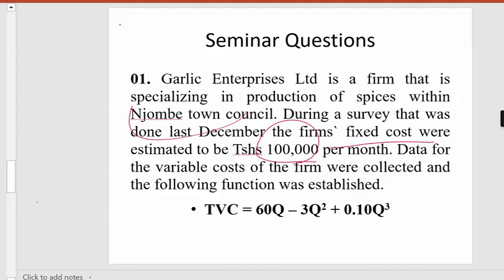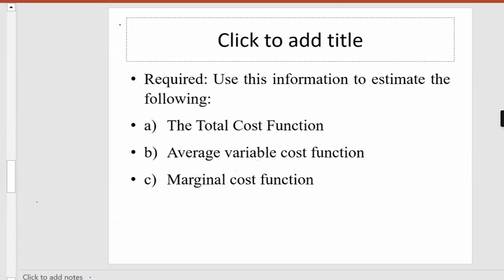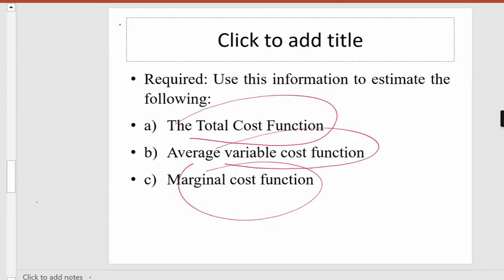The data gives total variable cost. You are required to find the total cost, average variable cost, and the marginal cost. I think this is very straightforward.